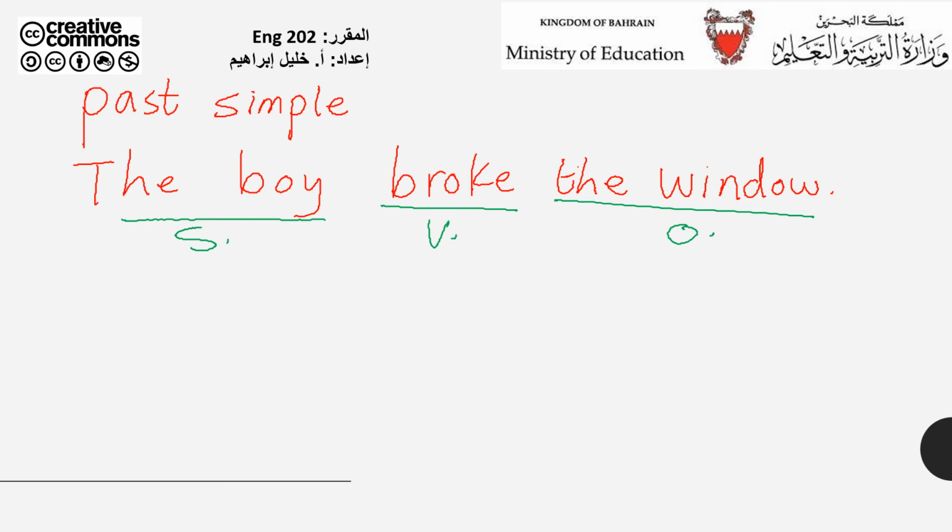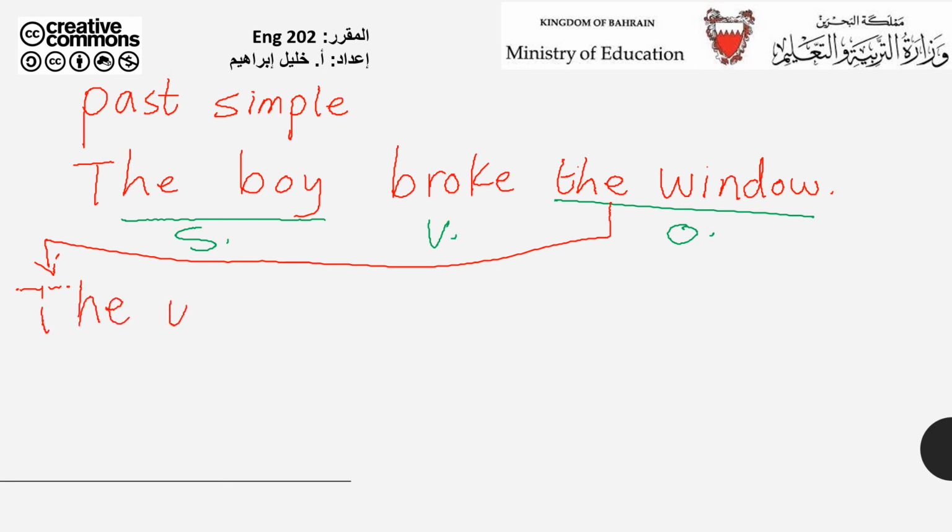The same rule. We start with the object at the very beginning of the sentence. The window, start with capital letter. Step number one.